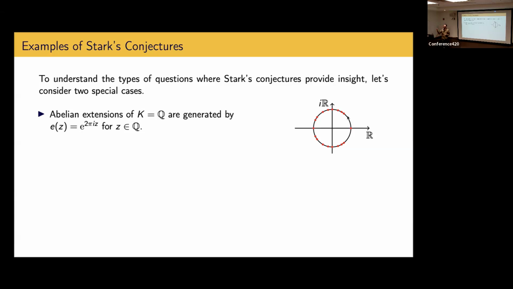We all know that if I take a rational number with denominator n and sum up the first n powers, that's like a geometric series that closes on itself, and I'm going to get 0. So in fact, those things satisfy a polynomial equation, despite the fact that in general, these points do not satisfy any polynomial equations.